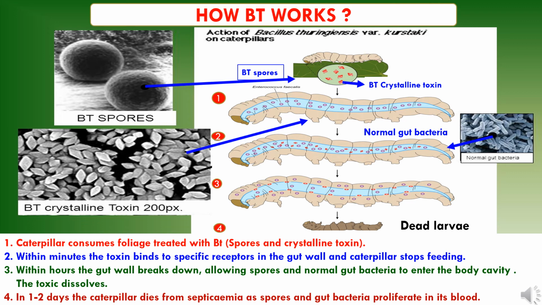Within hours, the gut wall breaks down, allowing spores and normal gut bacteria to enter the body cavity and the toxin dissolves. In 1 to 2 days, the caterpillar dies from septicemia as spores and gut bacteria proliferate and multiply in its blood. So this is the mechanism by which the caterpillars die and the bollworm pest is controlled.